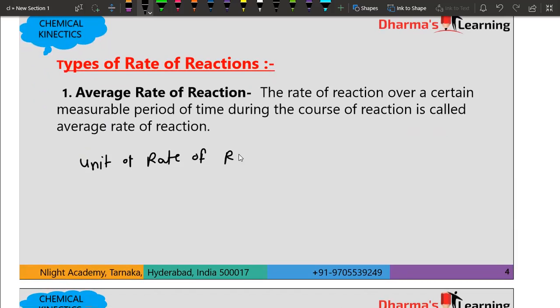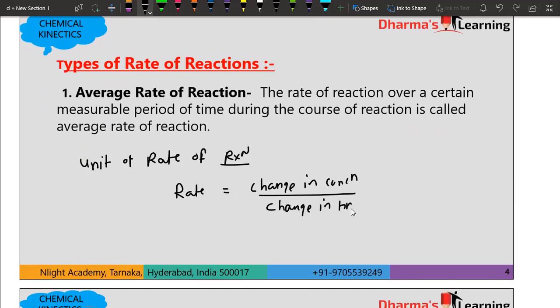We know that rate of reaction is simply the change in concentration of a reactant or a product divided by change in time. Concentration we generally represent with mole per liter, and time we can represent in seconds, hours, or minutes.